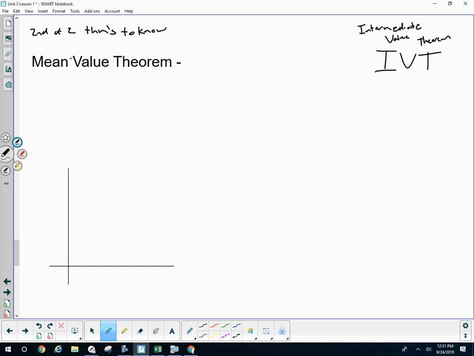And the IVT versus this is the MVT. Now, they're both going to start the same way. IVT started with 2 points. MVT is going to start with 2 points. So that's nice.